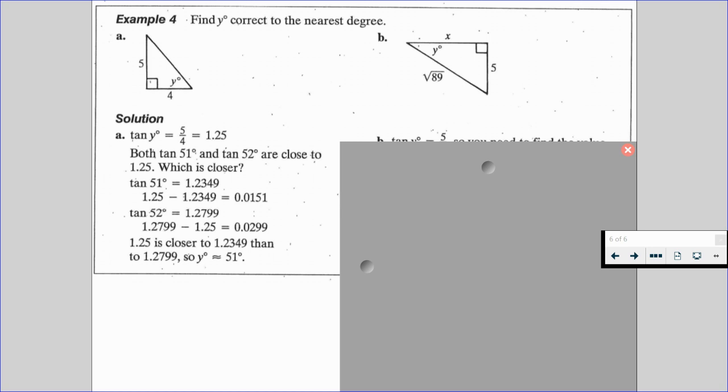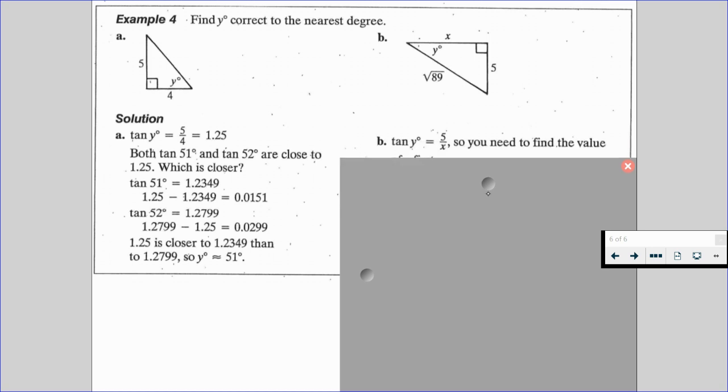So 1.25, the given value, minus 1.2349 is 0.0151. Tan of 52 is equal to 1.2799, and the difference there is 0.0299, and 1.25 is closer to 1.2349 than it is to 1.2799. So y degrees is approximately 51.